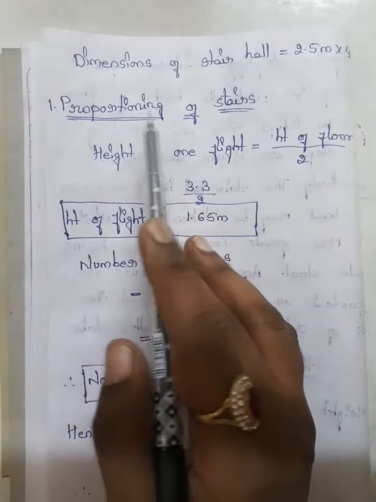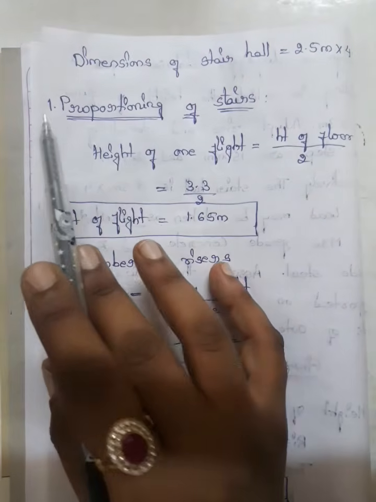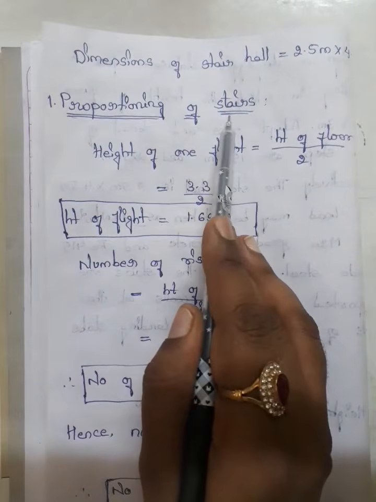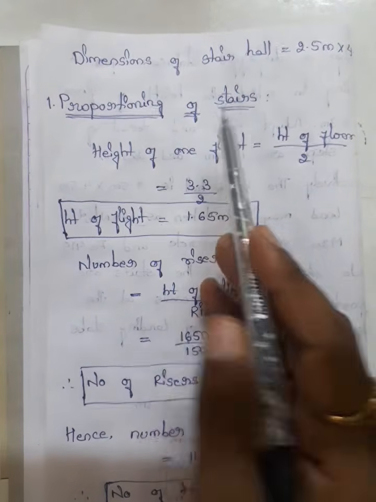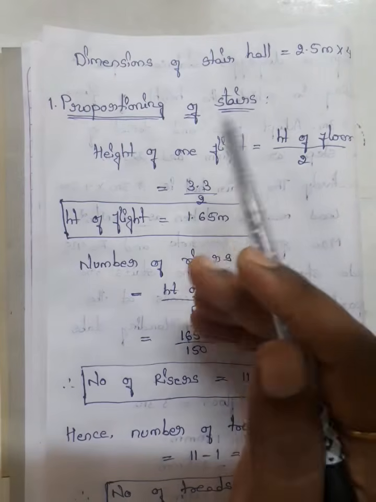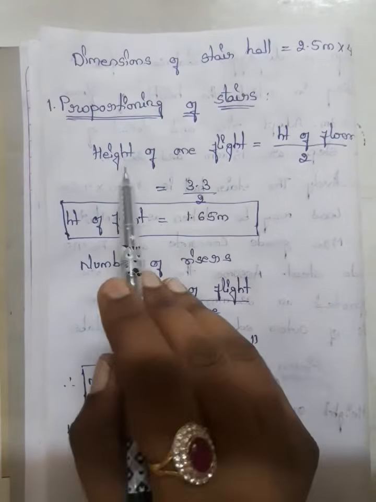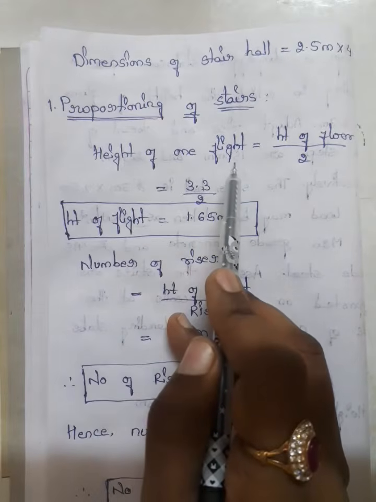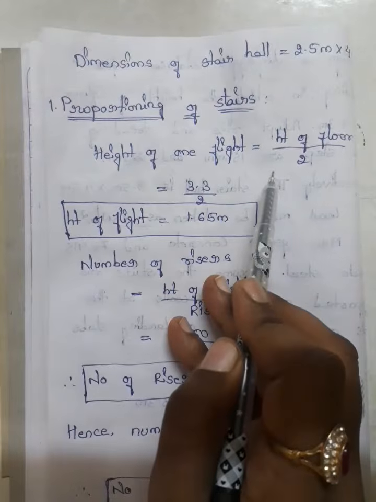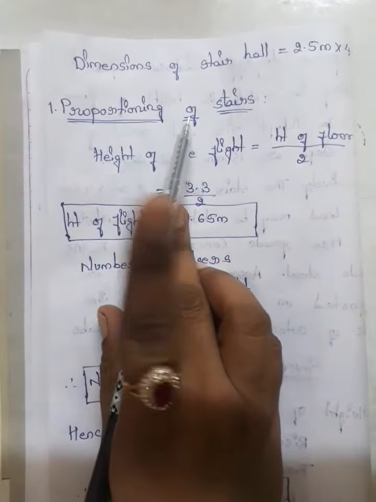So we'll see the first step. After writing the given data, proportioning of stairs. We need to find out how many number of rises are there and how many number of treads are there, that we need to calculate. So height of one flight is equal to height of floor by 2, because 2 flights make one staircase.